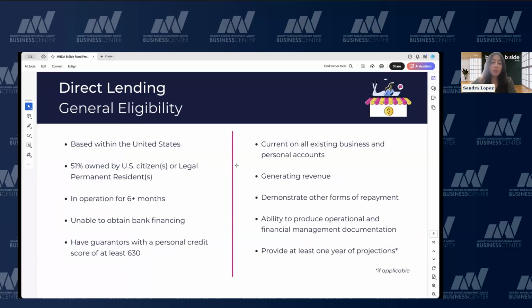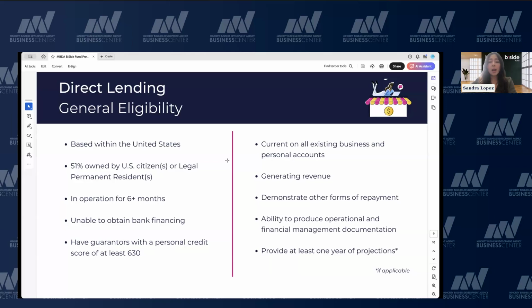In addition to that, we have some general eligibility. We're looking for businesses that are based in the United States, that are 51% or more owned by a USA citizen or a legal permanent resident, and that have been in operation for at least 6 months and are generating revenue. We do have a minimum credit score required, which is 630.